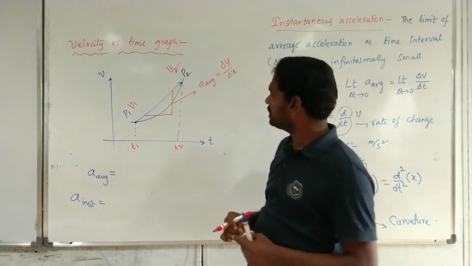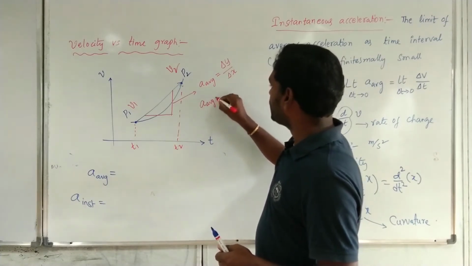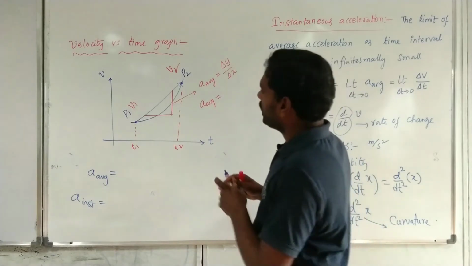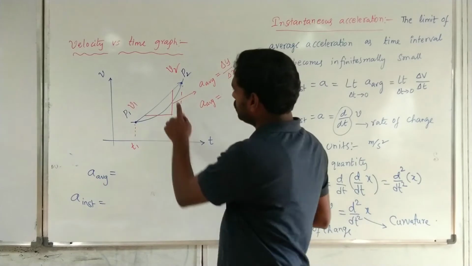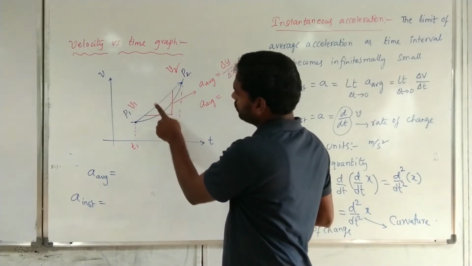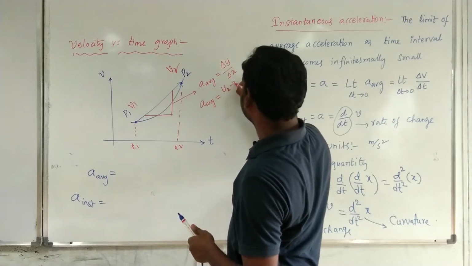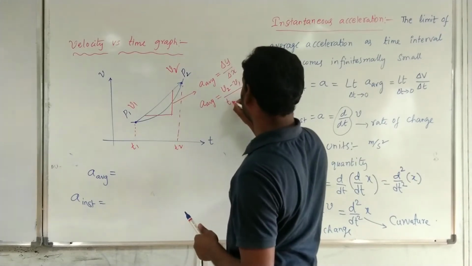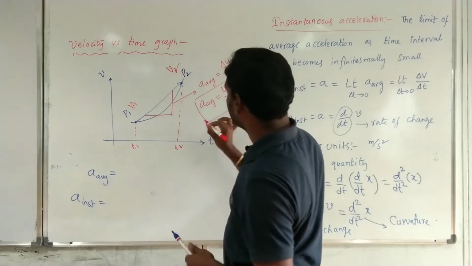Slope is nothing but change in y component by change in x component. What is there on the y axis? Velocity. So, average acceleration is v2 minus v1 divided by t2 minus t1.